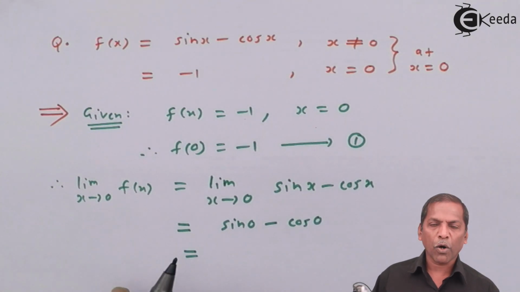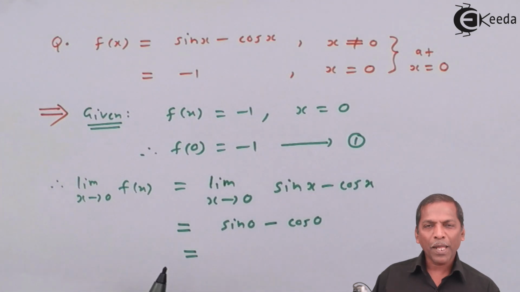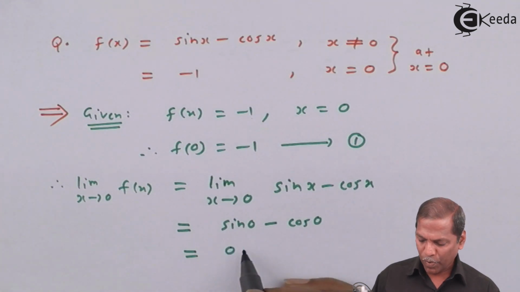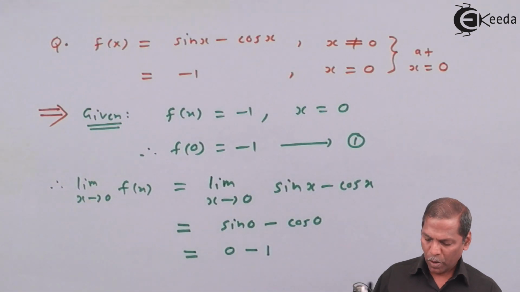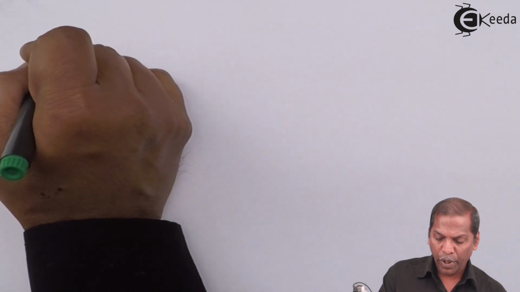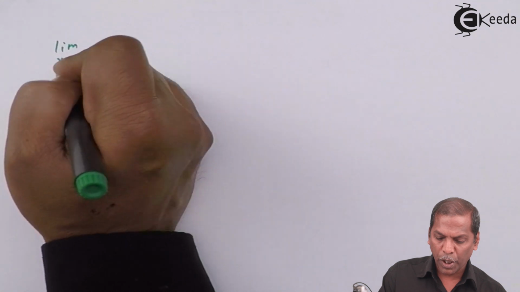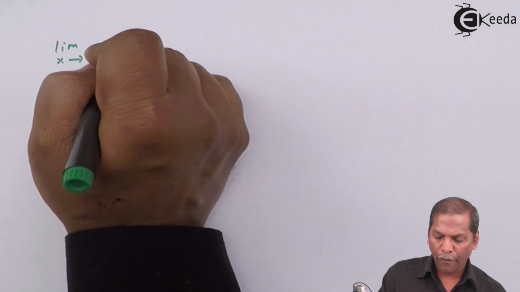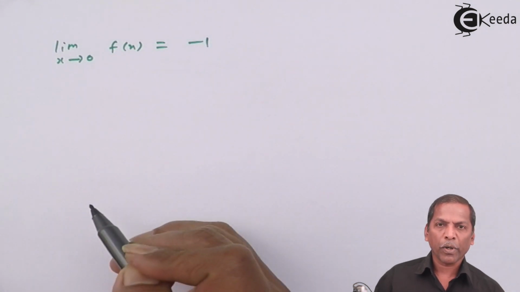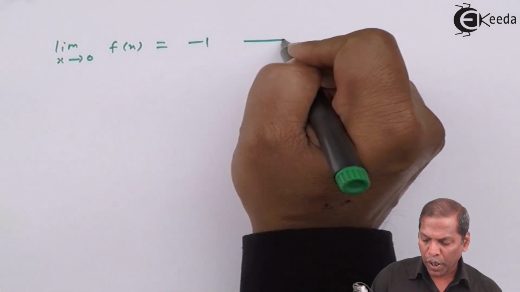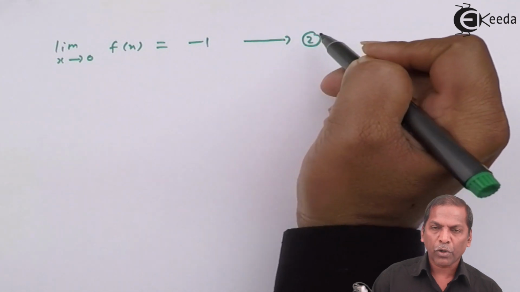That equals, now from the trigonometric table, sin 0 is 0 and cos 0 is 1. So here we get limit x tends to 0 of f of x is equal to minus 1. Let us denote this as equation 2.